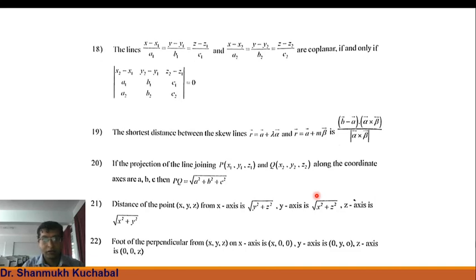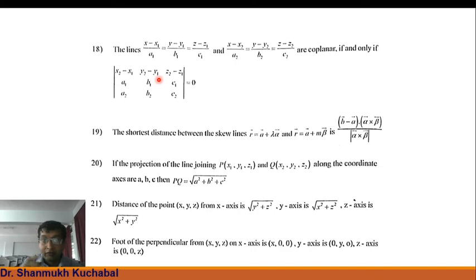Next, the equation of the lines is represented as (x minus x1) by a1 equals (y minus y1) by b1 equals (z minus z1) by c1, and the other line is represented similarly with the subscript 2. They are coplanar if and only if the determinant value is 0, which is very important.